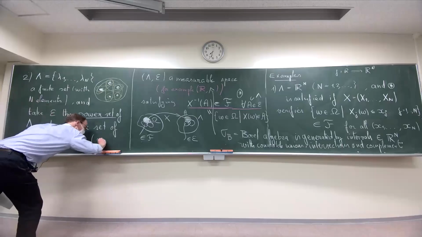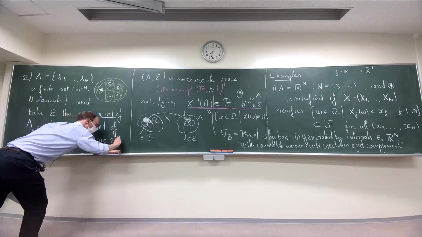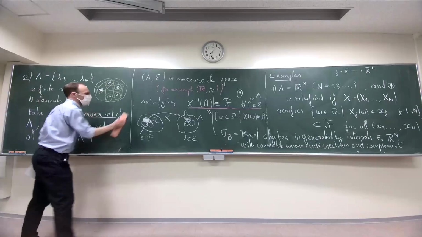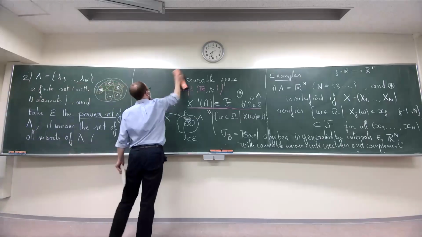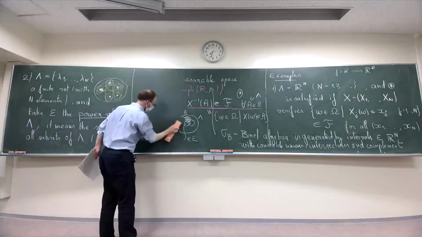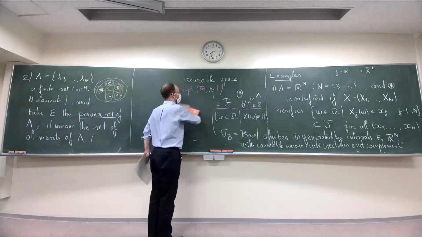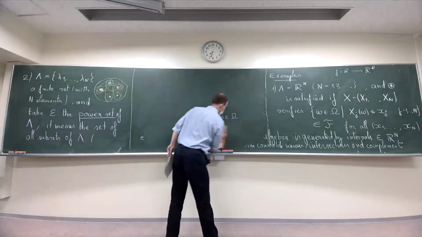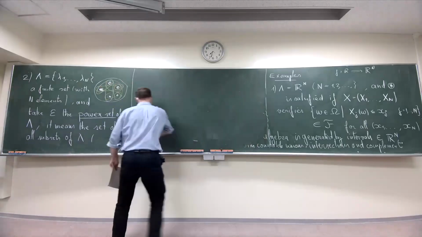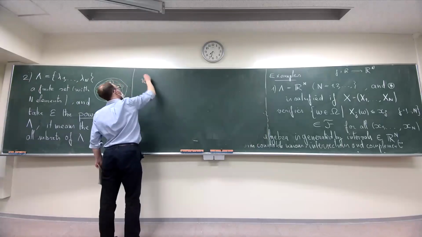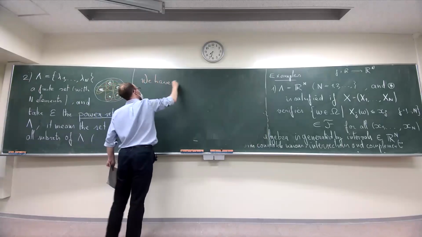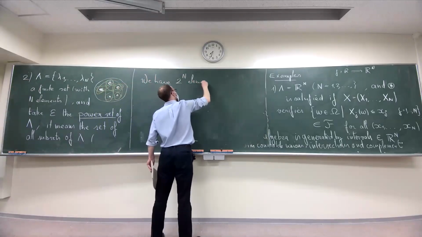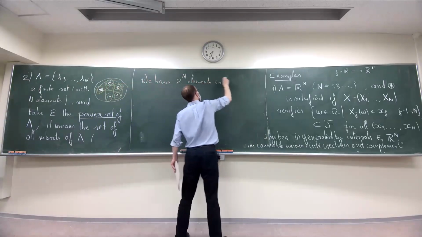We have 2 power n. Why? Because if you take one set, either one point belongs to it or not. You always have two choices. You have 2 power n elements in the power set.